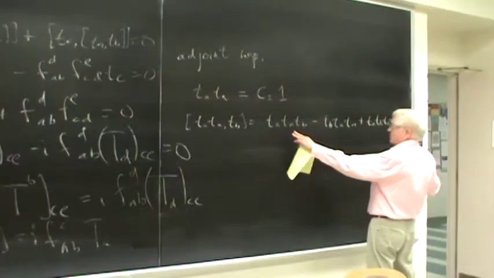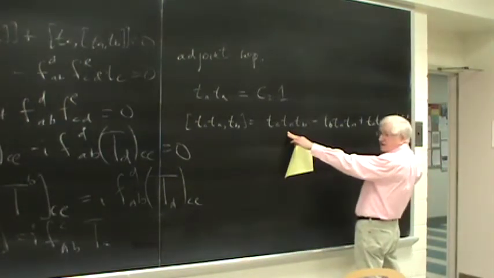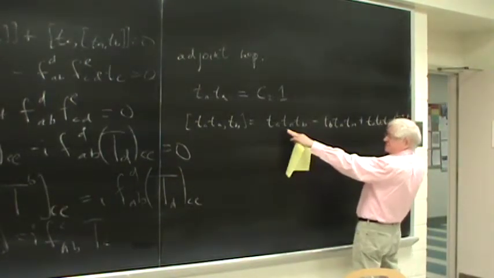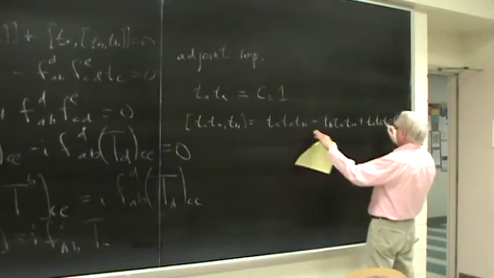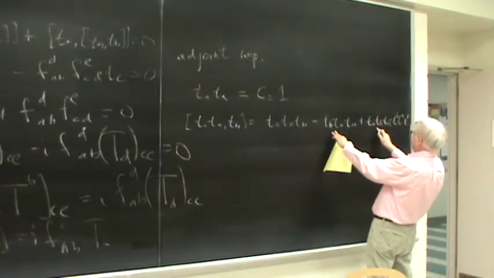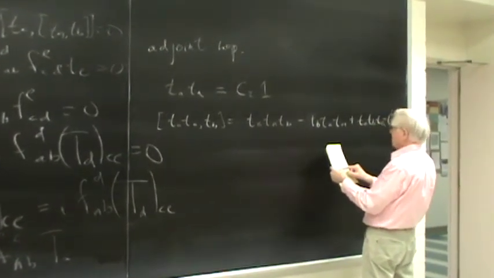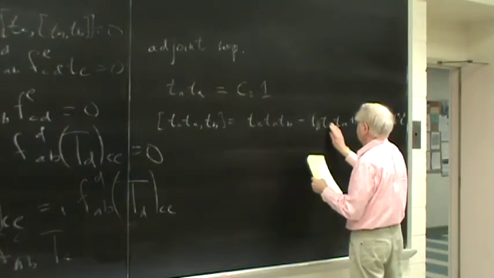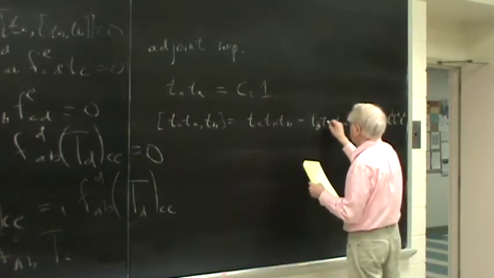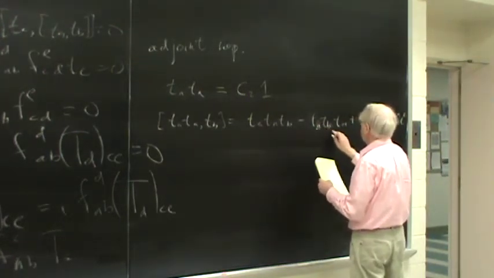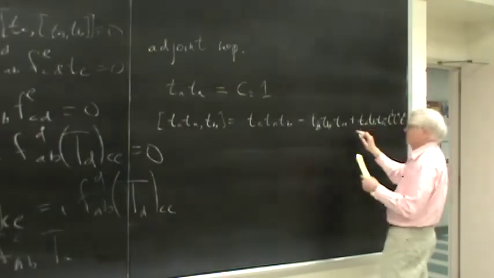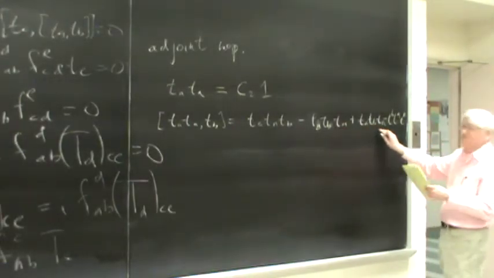Okay, so the basic thing, commutator on the left is this minus that, and in between I made a mistake. So let me, yeah, this is AB. I put in TA, TB, TA, and subtracted and added TA, TB, TA.